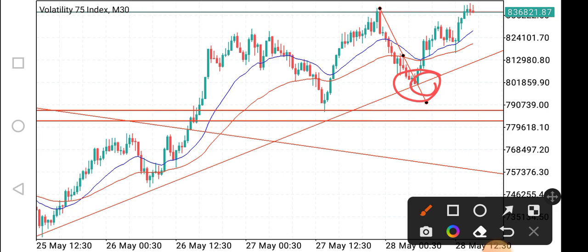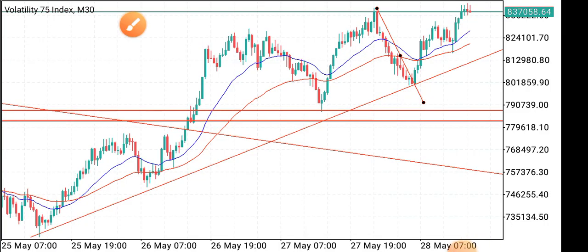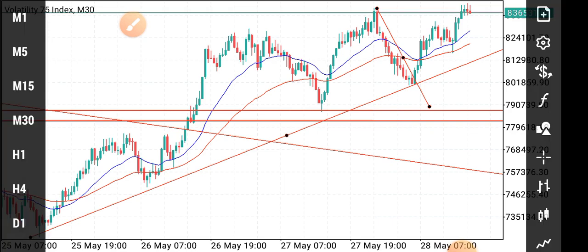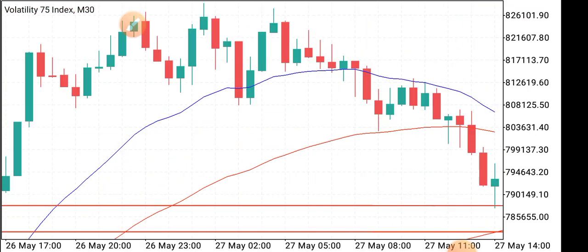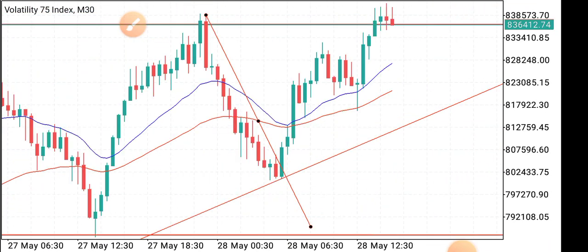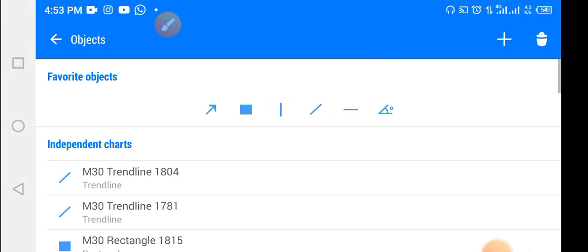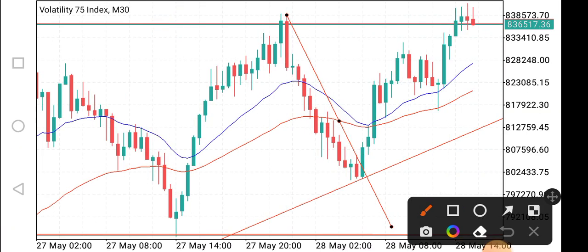So the reason why I draw this trend line there is to give me an entry. The moment this bullish candle closes above this trend line, then I wait for another one to come.